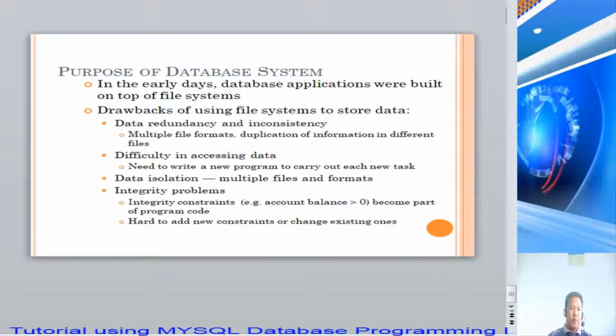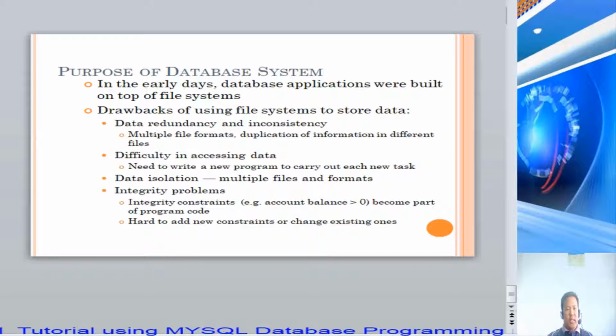Multiple file formats, duplication of information in different files. If those issues are present, the performance of your system might be affected due to the bulk of data that is stored.